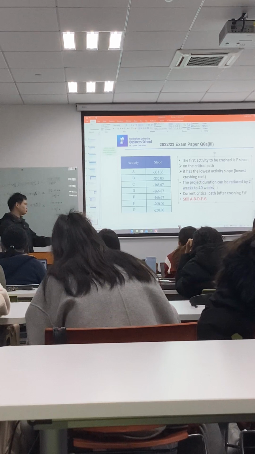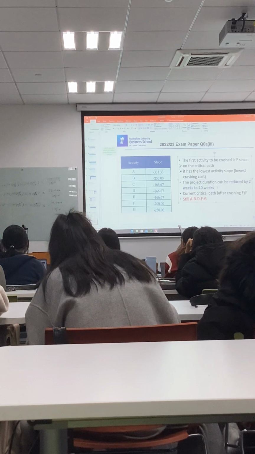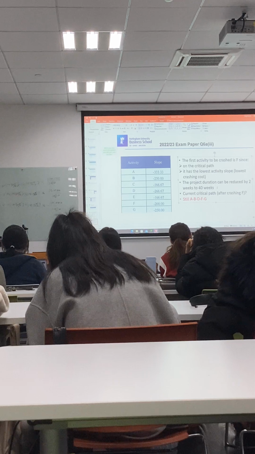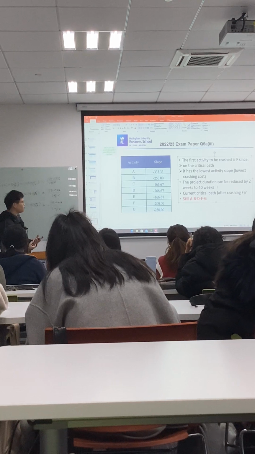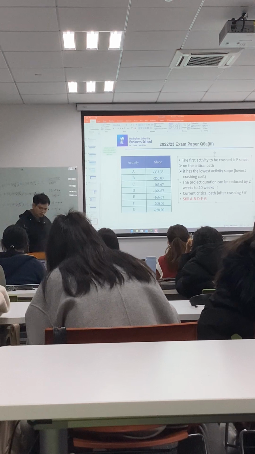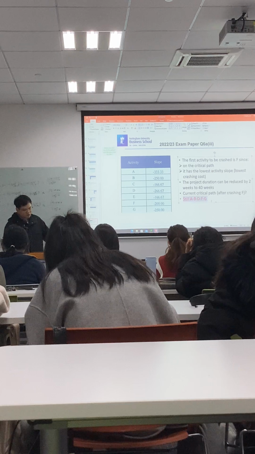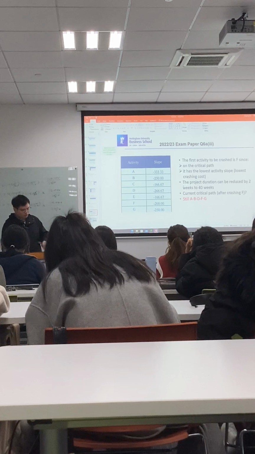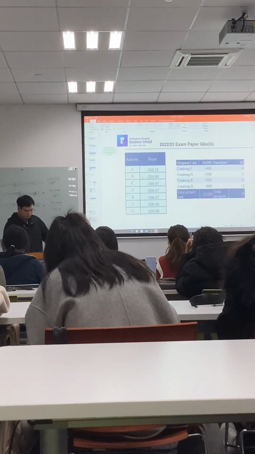So after crashing some activities, we need to re-identify the critical path, because sometimes this will change, right? There will be more critical paths. And in this case, after crashing F, we still have this critical path, right? And we just keep calculating in this way, and we will have the result like this.